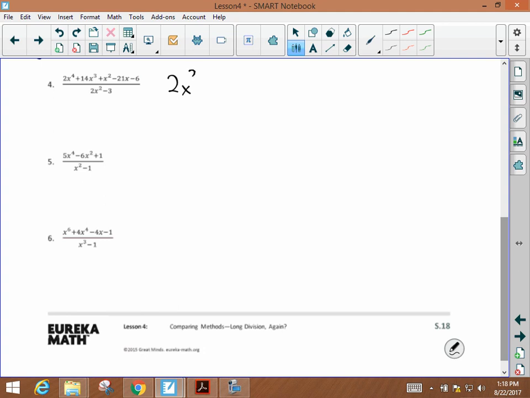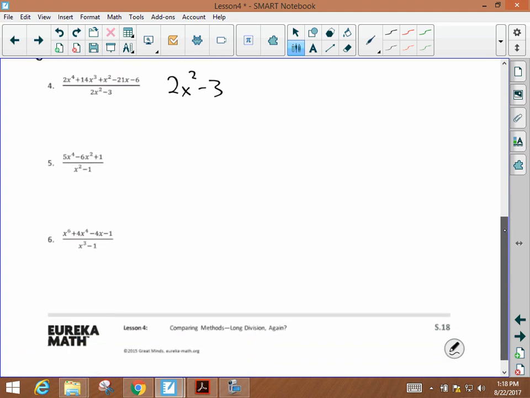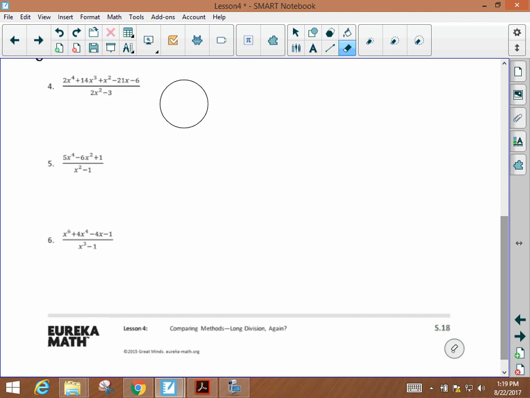I've got 2x squared minus 3. Oh, what happened there? Looks like I'm missing a placeholder. And I need a little more room. So again, I'm missing my x term, so I'm going to give it a 0x.